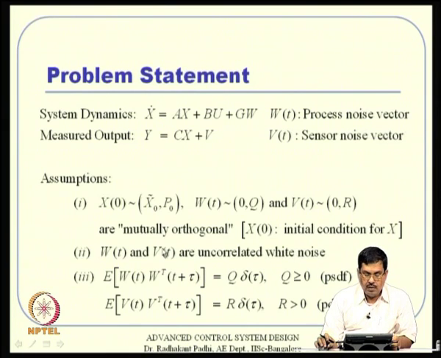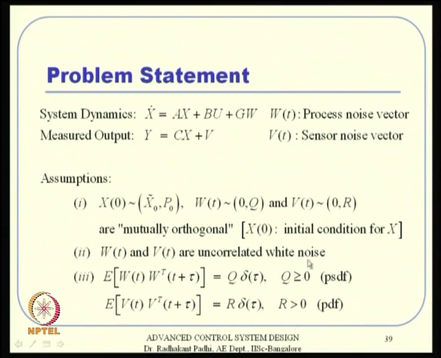They are not correlated to each other, and they are white noise. There is something called the whiteness property, and that has to be satisfied. I will not talk in too much detail in this lecture, but just remember that they have to be white noise.